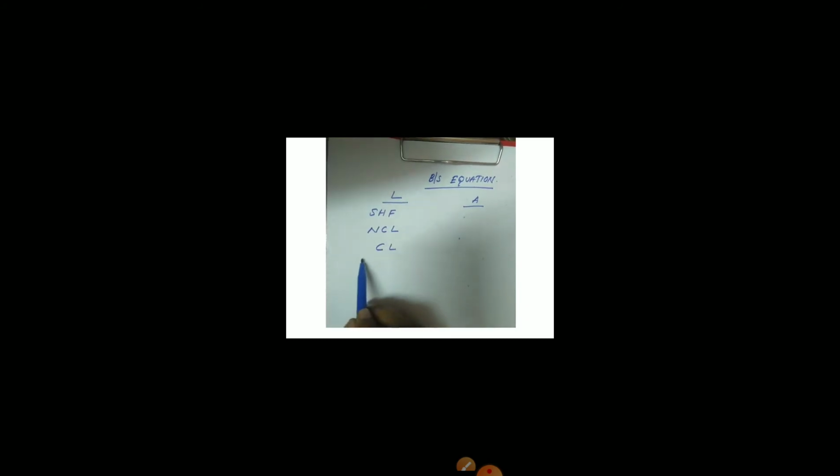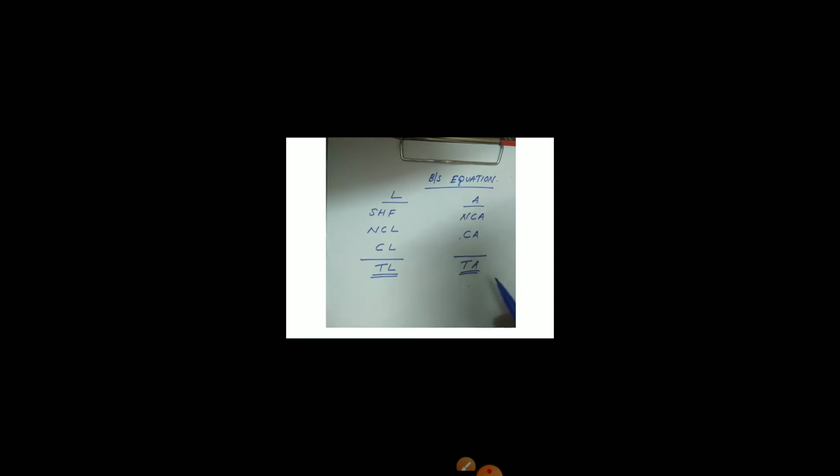On the asset side there are mainly two heads, non-current assets and current assets. When you add these we'll get total assets.